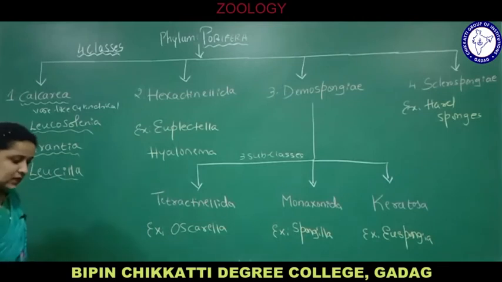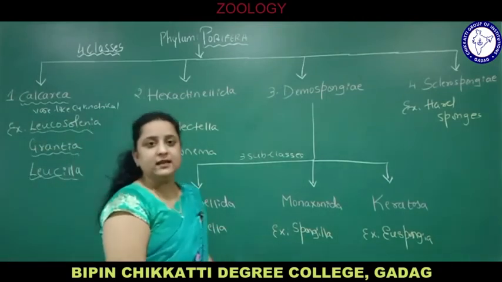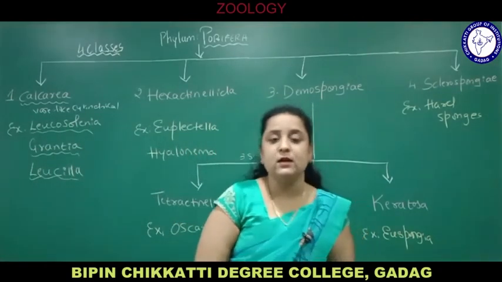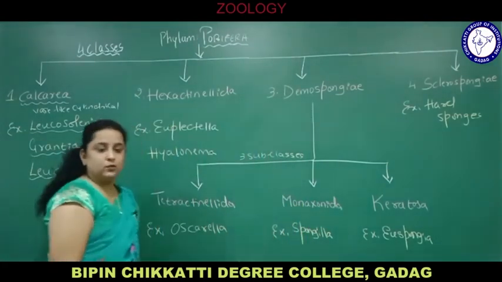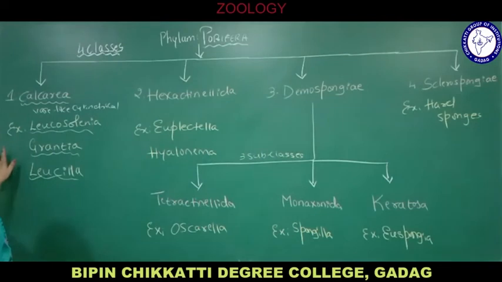So, once again, the characteristics of Calcarea: the skeleton is made up of calcium carbonate and their body organization is of 3 types: asconoid type, syconoid type and leuconoid type.